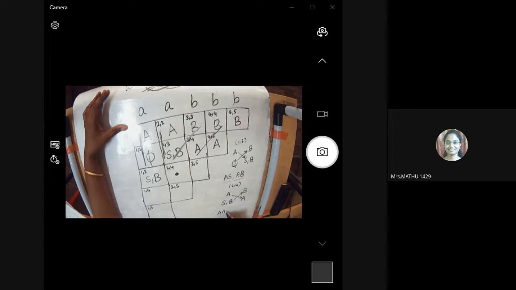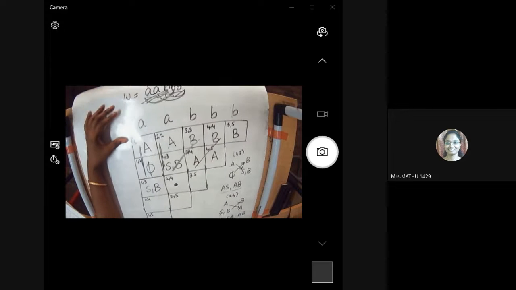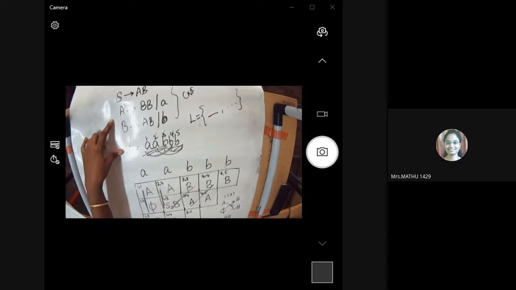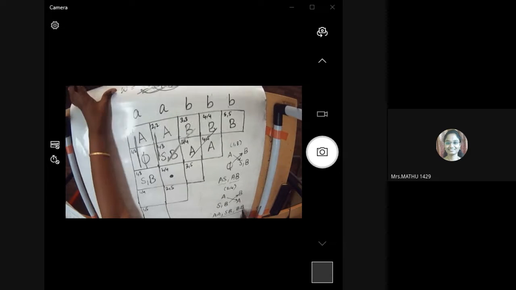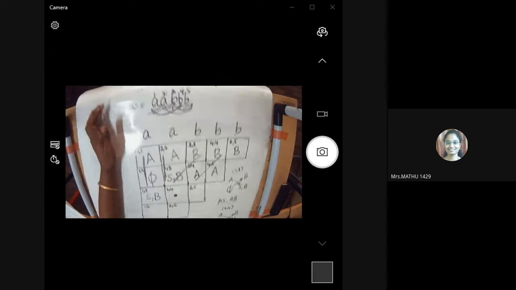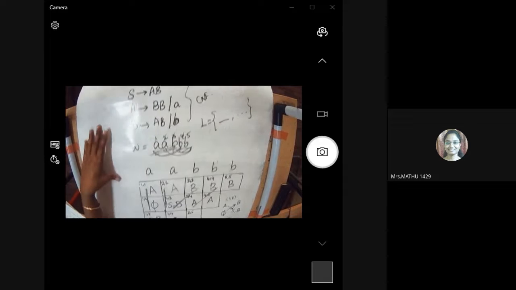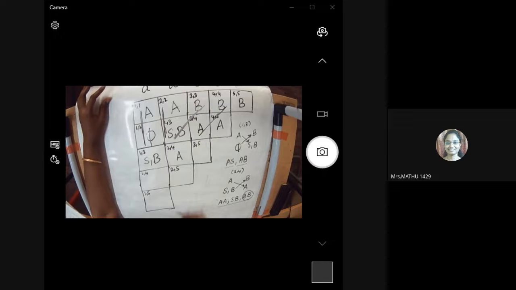AA, and then S is combined with B to give SB, and then B is combined with B to give BB. Now find out what is generated in the given production. AA is not available, SB is not available, but BB is available. Only BB is present in the given production and that is generated by A. So you put A here.